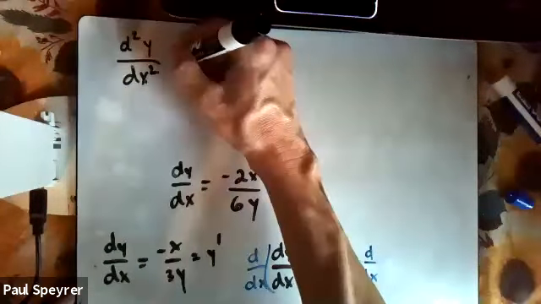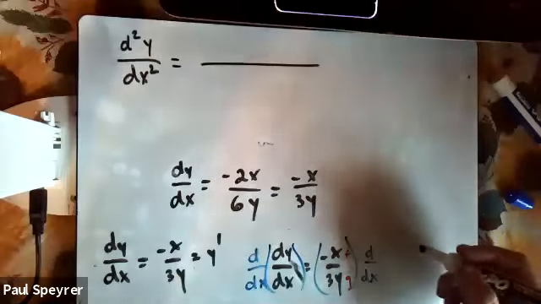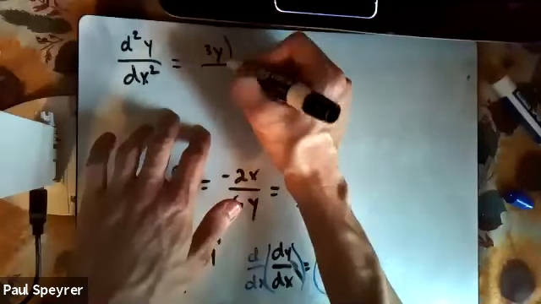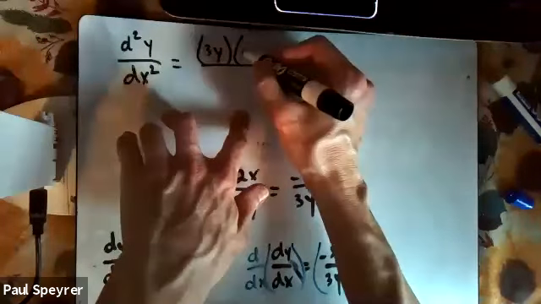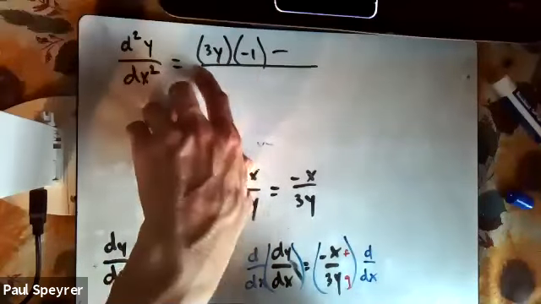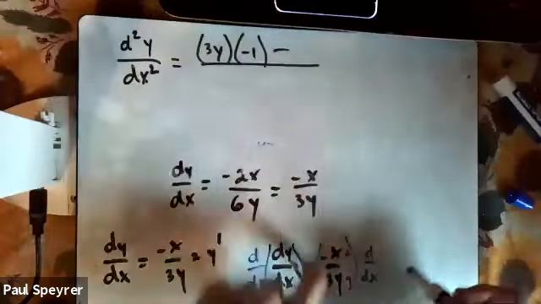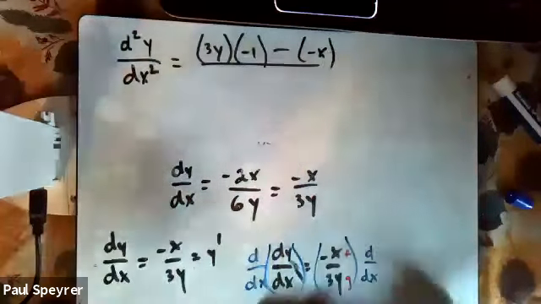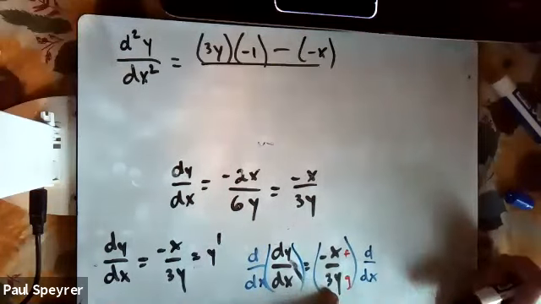Remember the quotient rule says g f prime. So that's 3y times a negative 1, minus f g prime. So f is negative x. Really important to keep those parentheses. Then we have to derive g.